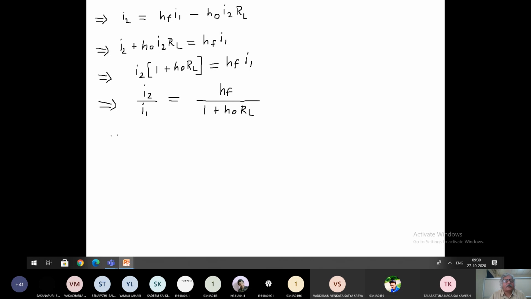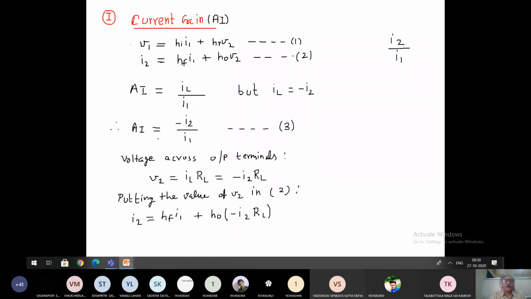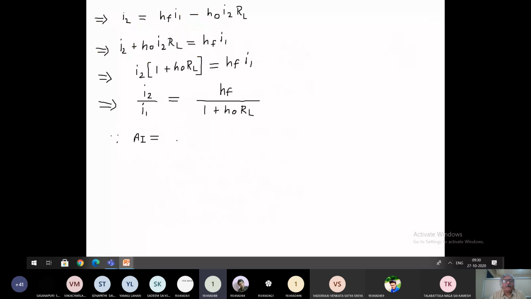Now, since current gain is, see this equation, what we wrote for the current gain, equation number 3, minus I2 by I1. Since this is equal to minus I2 by I1, right?